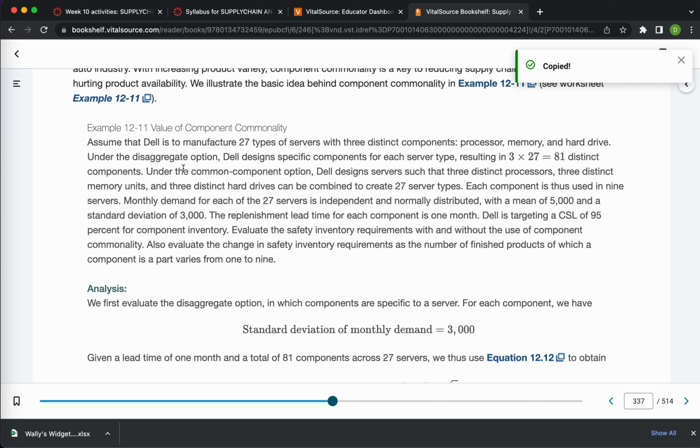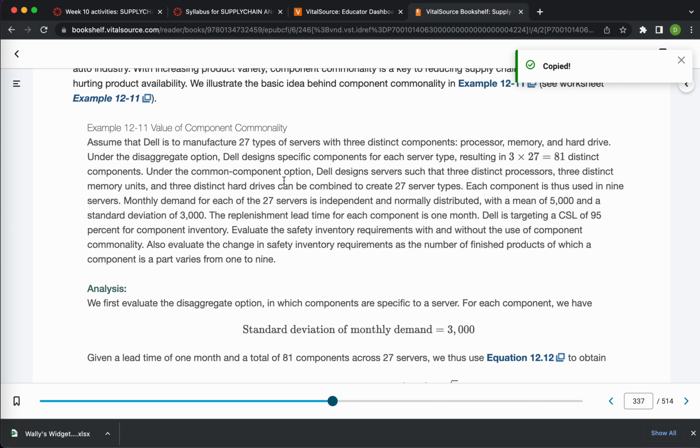Under the disaggregate option, where you are looking at each of the different 27 types of servers separately, you have to manufacture three different components for each of the 27 servers separately. So you have 81 distinct components. Because there is no commonality, you have 81 separate components. That's a lot of components to keep track of, right?